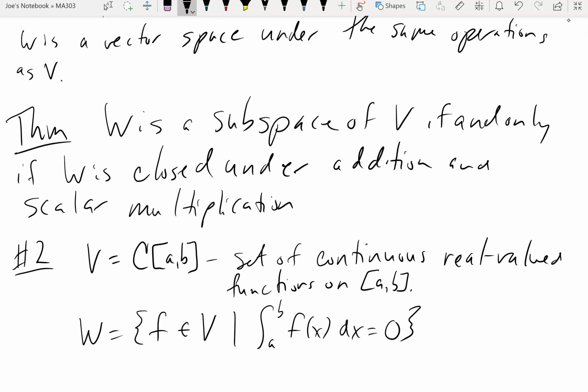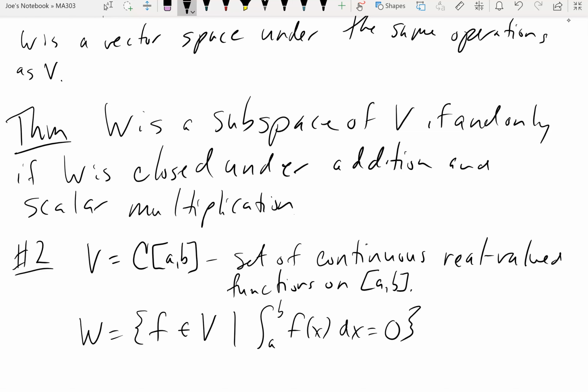Just as a little bit of review of calculus, I don't have any definition issues for W here. Every single continuous function is integrable from A to B. I don't have any issues with the integral existing. You've been through Calc 2. You've talked about improper integrals, for instance, and ways that functions may not have an integral on a particular value.